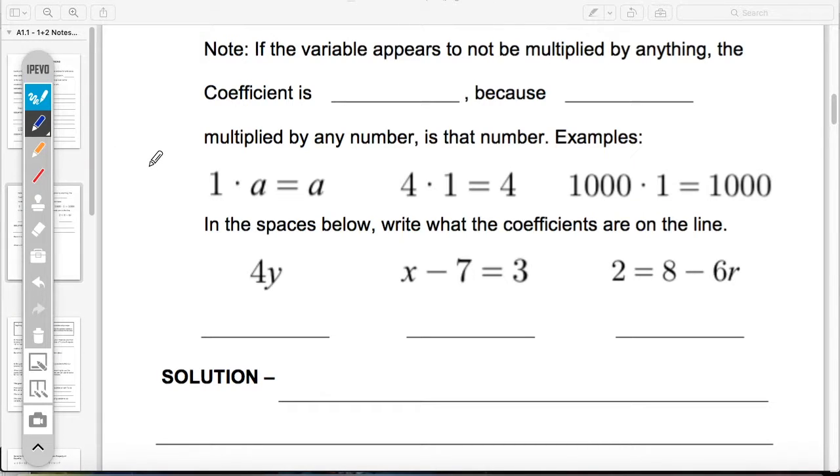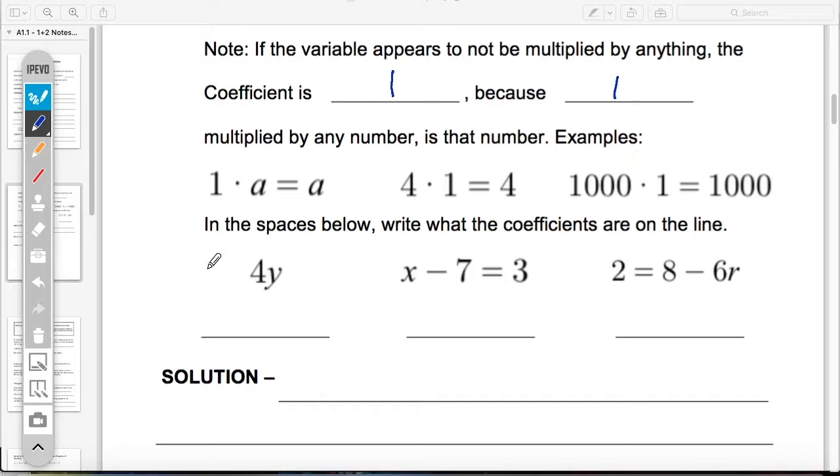So back to coefficient. If the variable appears to not be multiplied by anything, the coefficient is 1, because 1 multiplied by any number is that number. So if we have 1 times a, we could just rewrite it as a. If we have 4 times 1, it equals 4. Similarly, 1,000 times 1 equals 1,000. There are countless examples you could use to show this.